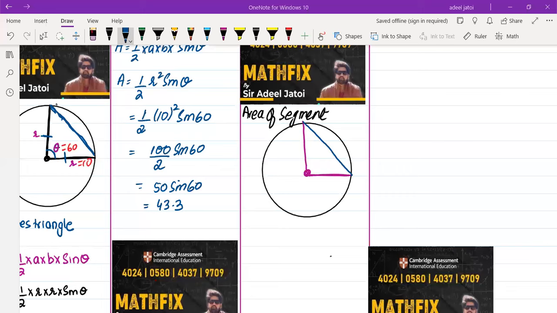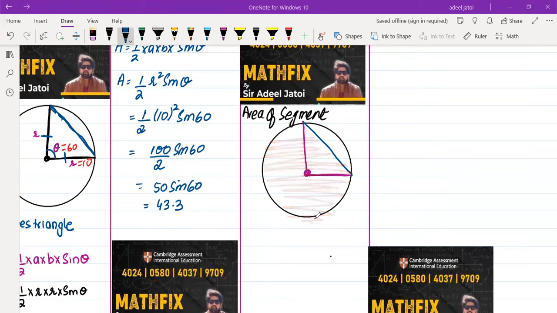Now, if we work out with this, we can see that this is your smaller part, this part after the chord. There's this part and there is this part before the chord. Now, after the chord, this is your minor segment. Whereas before the chord, this will become your major segment.